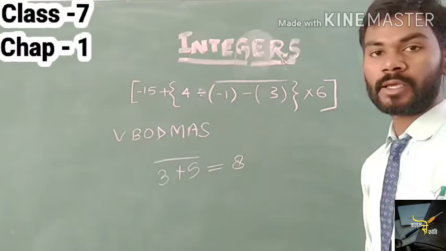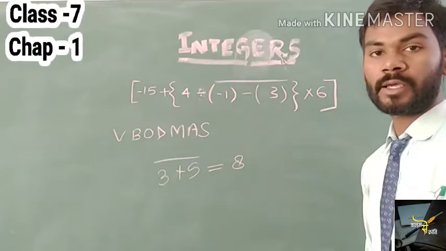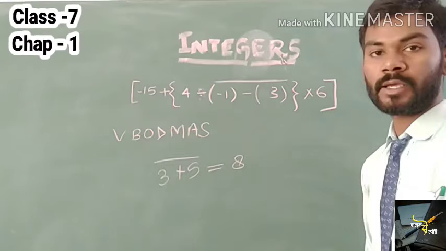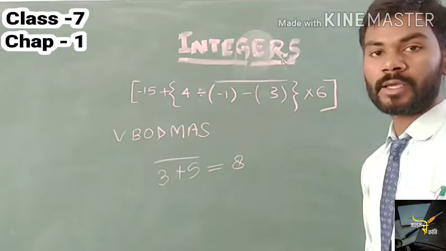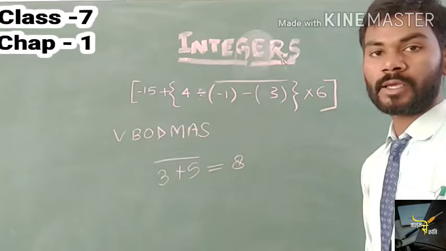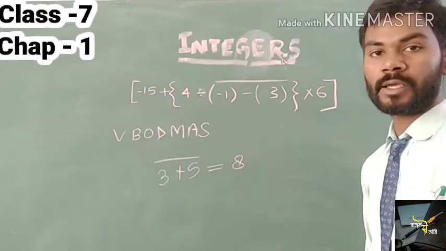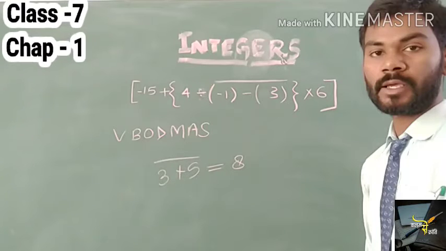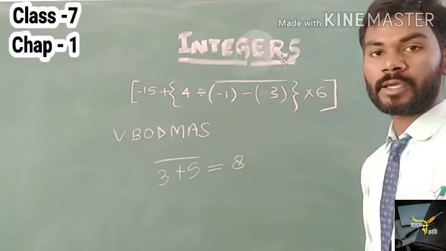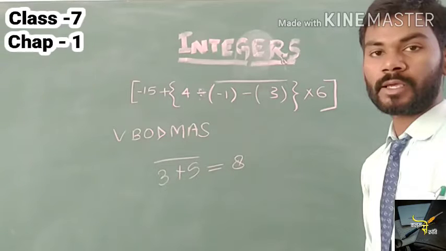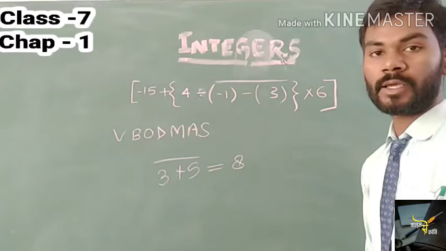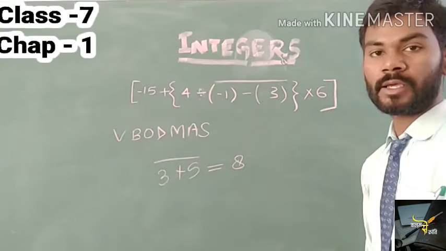Now here we have to multiply first, then we shall add them. So we get minus 1 multiplied by 6, which gives just 6 with the sign of minus.